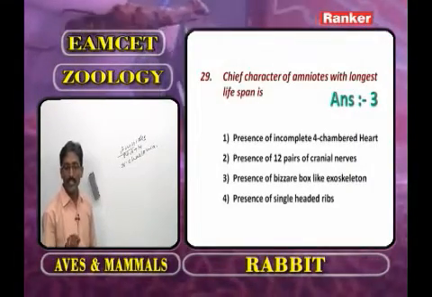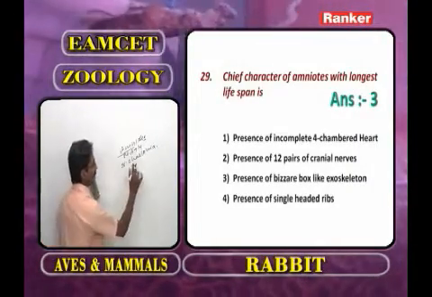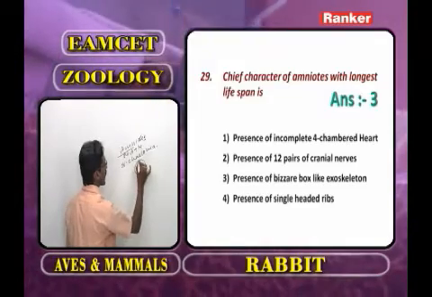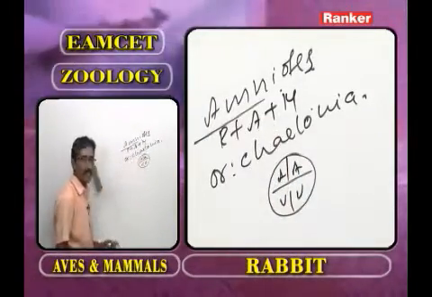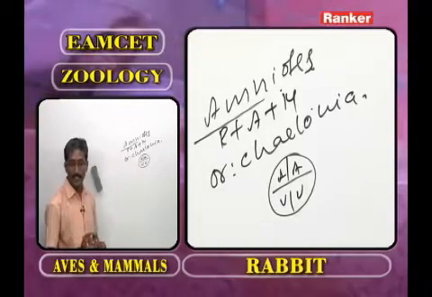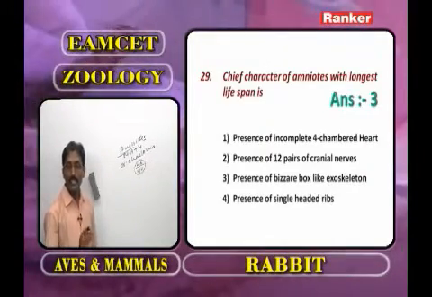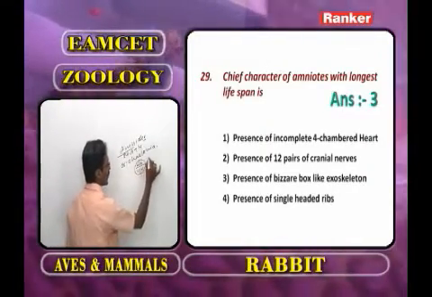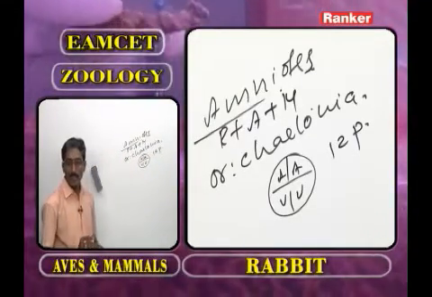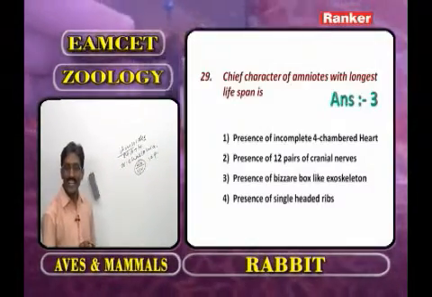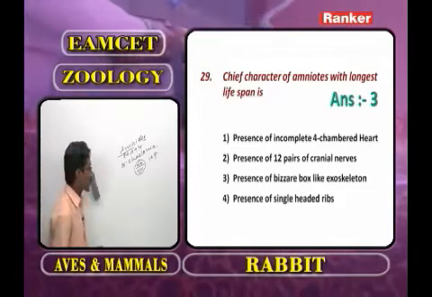Over. Now we have to observe the options. Presence of incomplete four-chambered heart. Now in Chelonia, no doubt, two auricles and a ventricle incompletely divided. The first option is correct. Second, presence of 12 pairs of cranial nerves. In Chelonia, 12 pairs of cranial nerves. Third one, presence of a bony box-like exoskeleton.